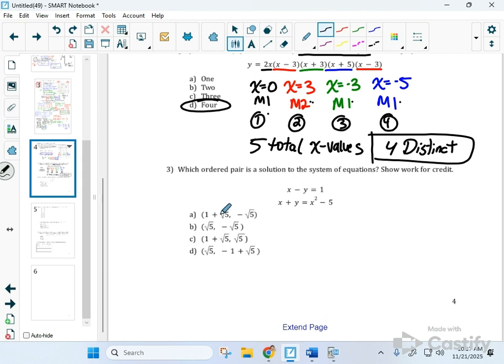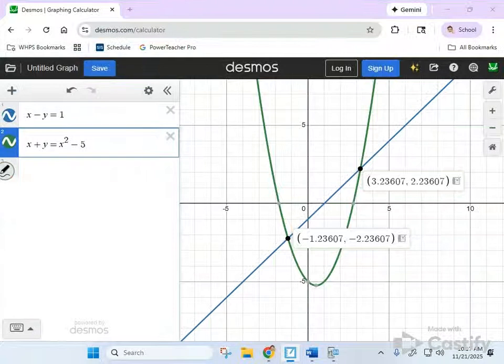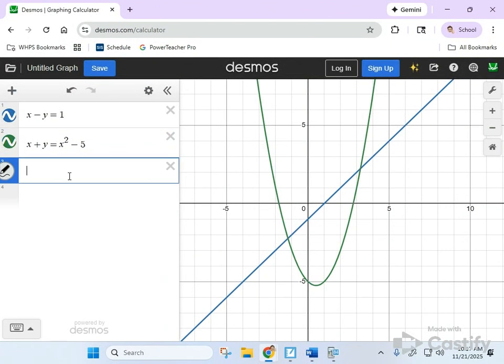So I'm going to start putting these numbers into my Desmos calculator, and I'm going to see what they are equal to. Option A says the x value is 1 plus the square root of 5. If you press SQRT, it turns it into a square root. And you can see that 3.236 is equal to 1 plus the square root of 5.